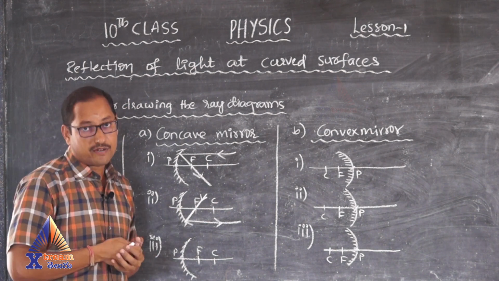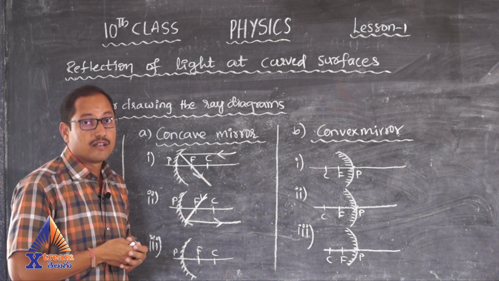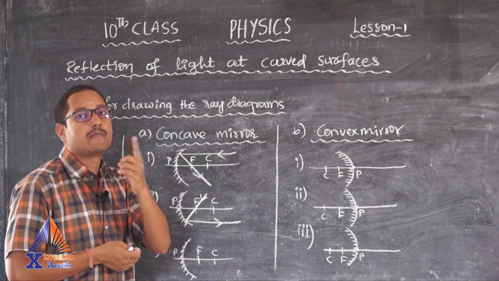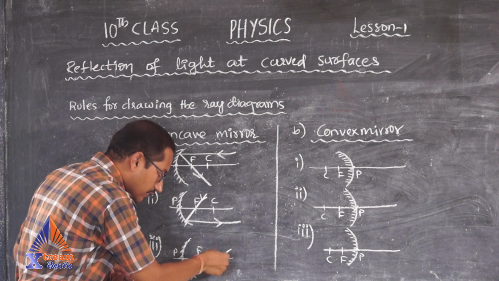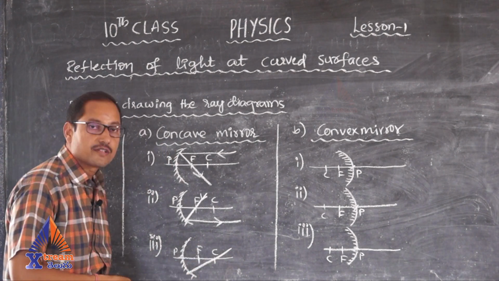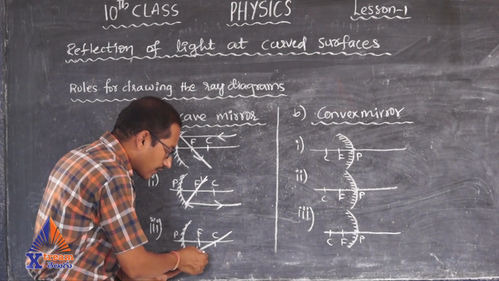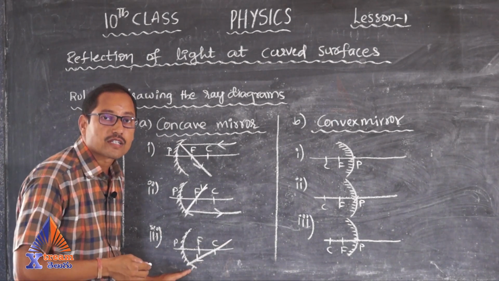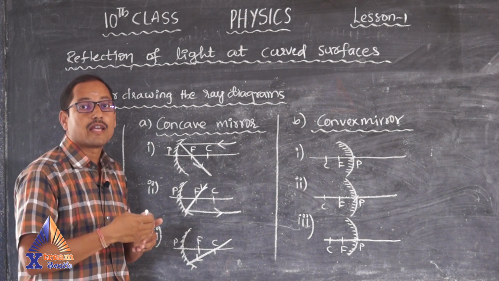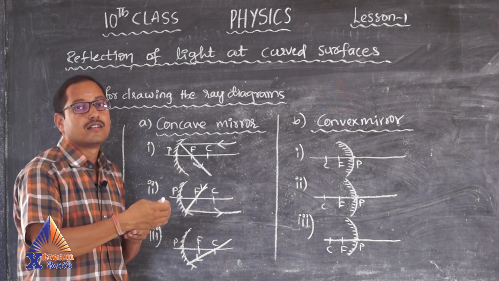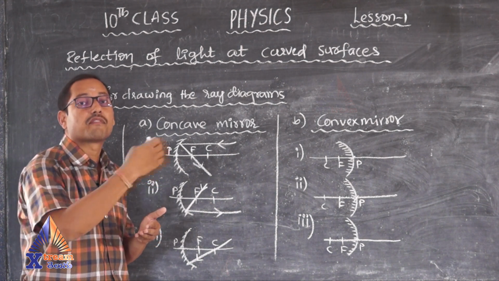The third important ray, the third magical ray, is a ray which is coming through the center of curvature. Let me take this ray which is coming through the center of curvature. This is the incident ray coming through the center of curvature. This ray remains undeviated when it is getting reflected.